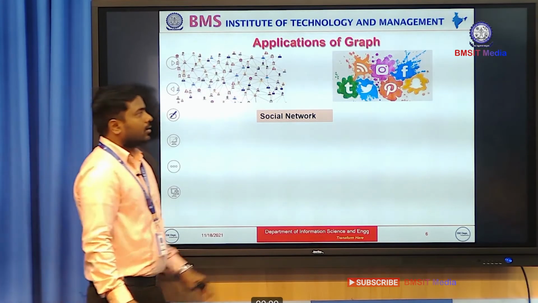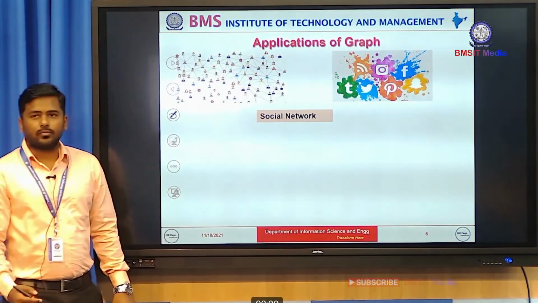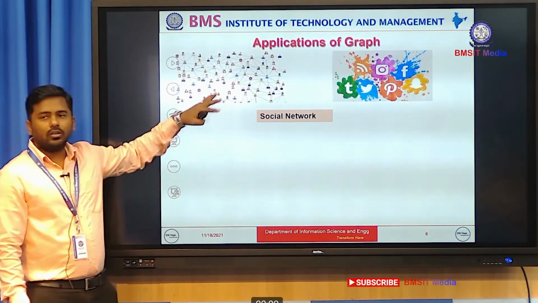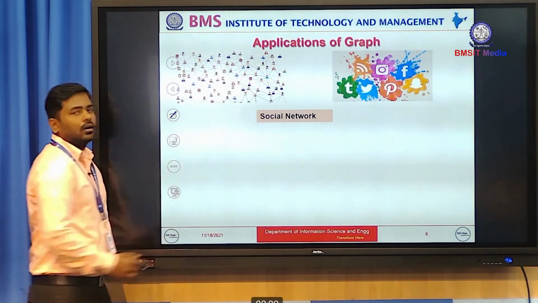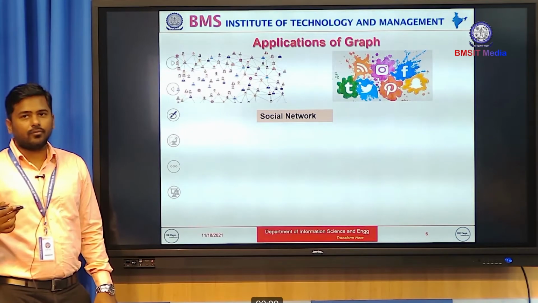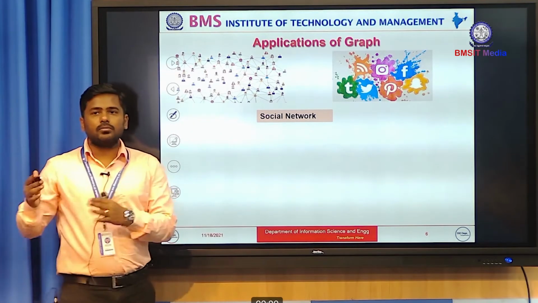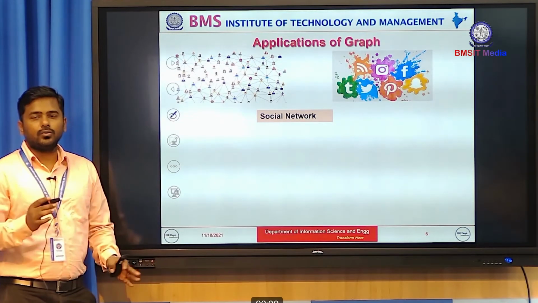So, how does Facebook represent all this information? Facebook uses the concept of graph theory to represent all this data on their server. They create one user, and they treat that user as a vertex in a graph. Once he becomes a friend to another person, there is a relationship between the user and that friend.